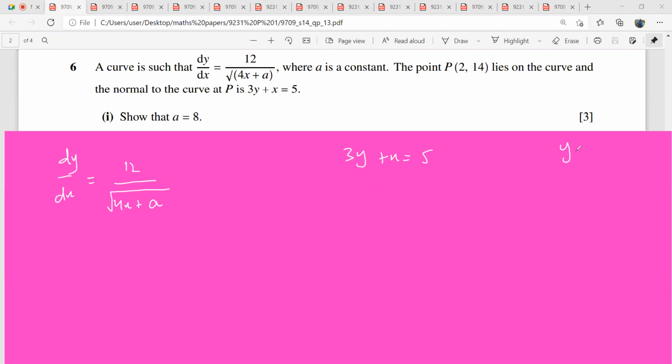I want to write this in the form y equal to mx plus c so that I can see what is its gradient. So 3y is equal to minus x plus 5 and your y is equal to minus 1 over 3x and then plus 5 over 3. So that means the gradient of the normal is minus 1 over 3. So guys, what will be the gradient of the tangent then?